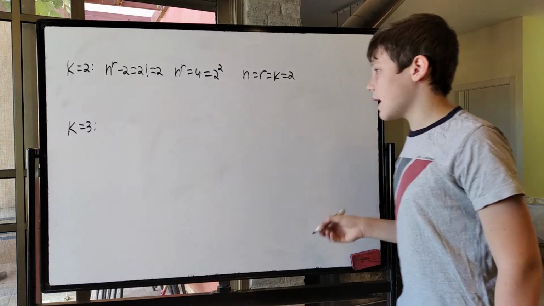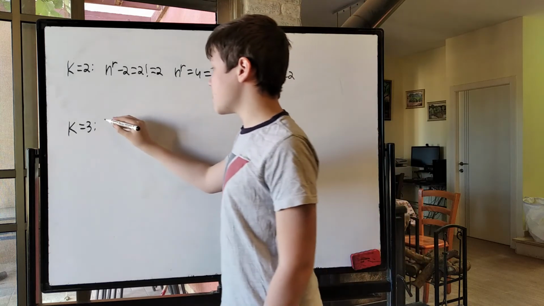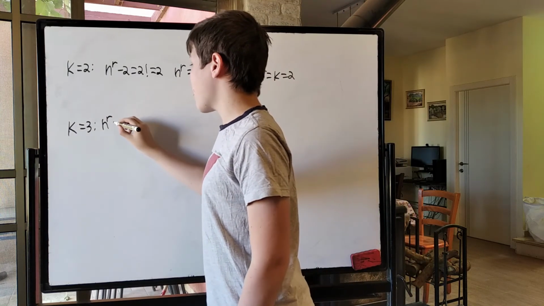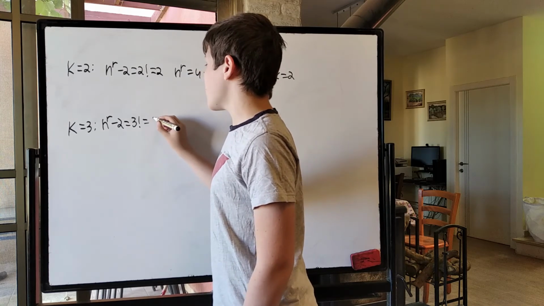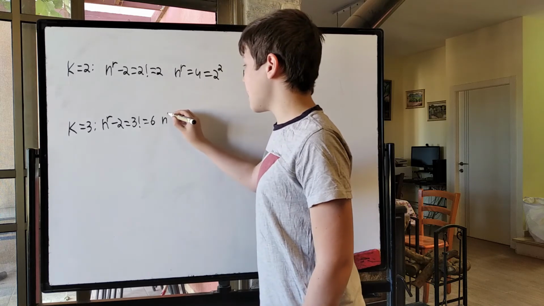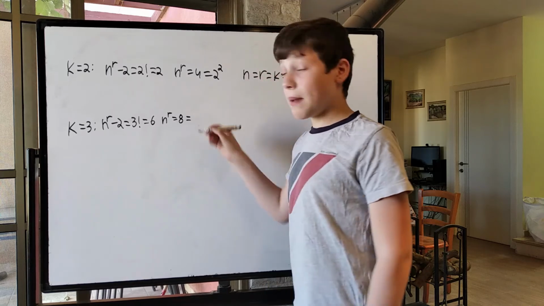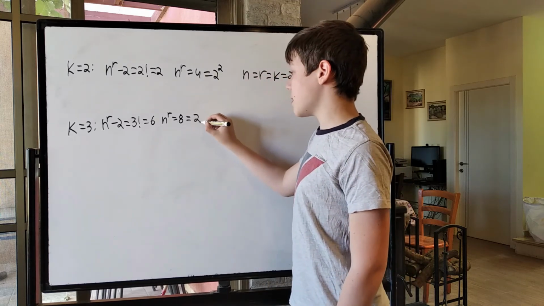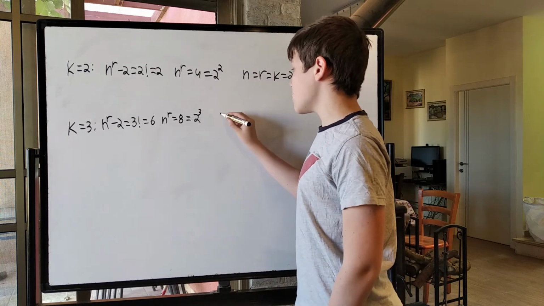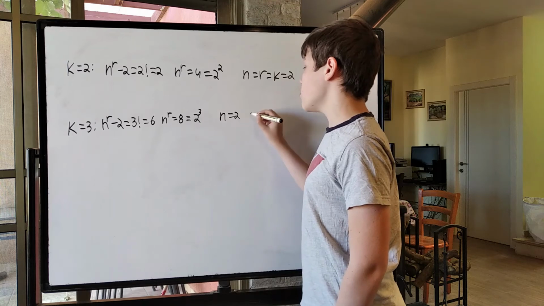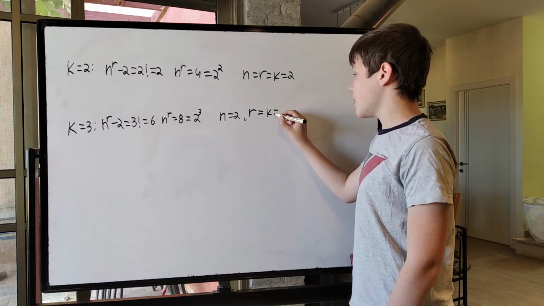And in our second case of k is equal to 3, we get n to the r minus 2 is 3 factorial, which is 6, implying that n to the r is equal to 8, which, as a power of at least 2, can only be represented as 2 to the 3, meaning that, in this case, we have n is equal to 2, and r and k are 3.